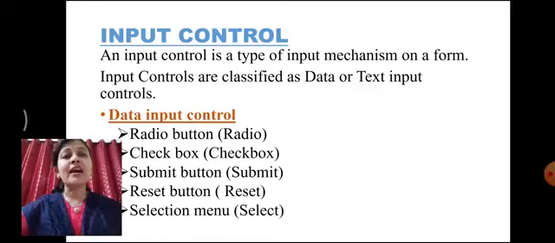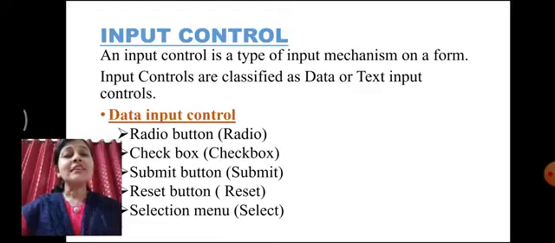Input controls are classified as data input controls or text input controls. Now, which are these data input controls? Data input controls are the radio button, that is, the radio control limits the web page visitor to only one choice from the list of choices.